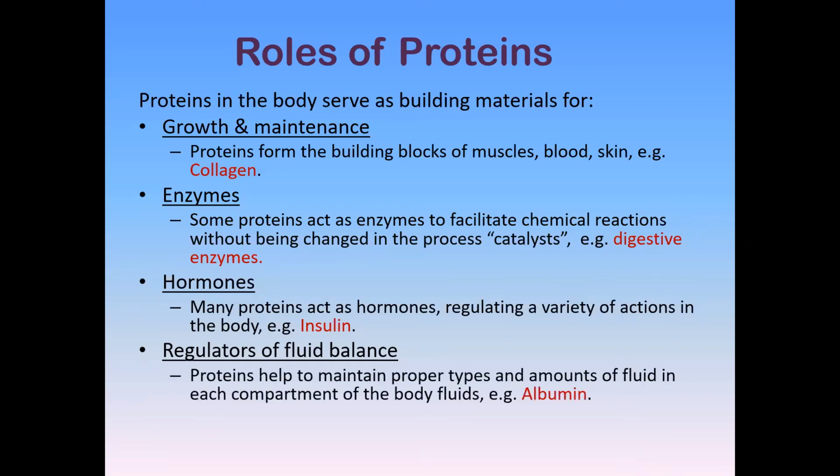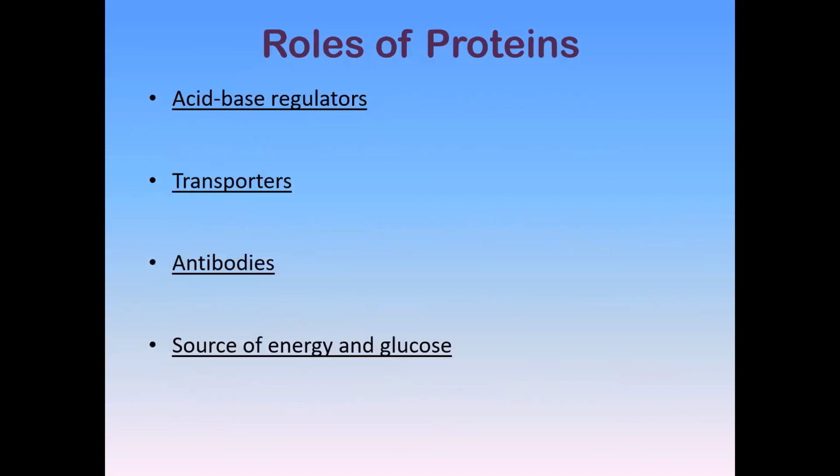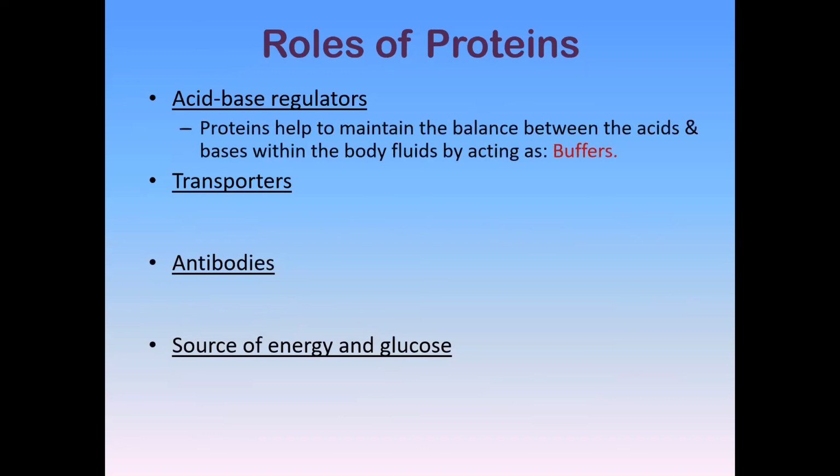Also proteins are regulators of fluid balance. So our body indeed is in need of proteins. We have albumin, the most important protein in our body, and it's produced in our body. Acid-base regulators, because they help to maintain the balance between the acids and bases within the body's fluid by acting as buffers.